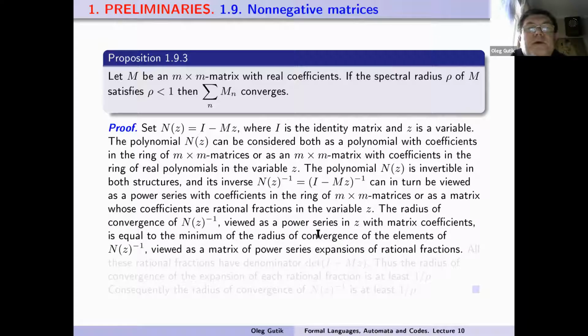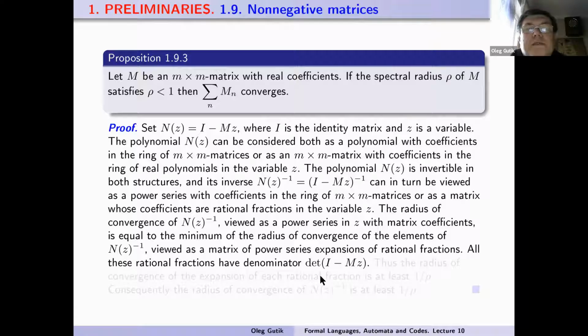The radius of convergence of the inverse polynomial, viewed as a power series in z with matrix coefficients, is equal to the minimum of the radii of convergence of the elements of N(z) to the power minus 1, viewed as a matrix of power series expansions of rational fractions.